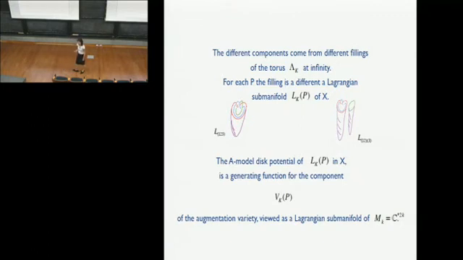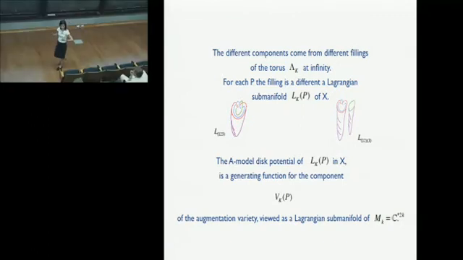Different components, so what the meaning is that they actually correspond to different fillings. You should remember, knot contact homology lives at infinity. So a priori, it doesn't know anything about a filling, or more precisely, it actually knows everything. So it knows about all the possible ways of filling in the infinity in the interior.